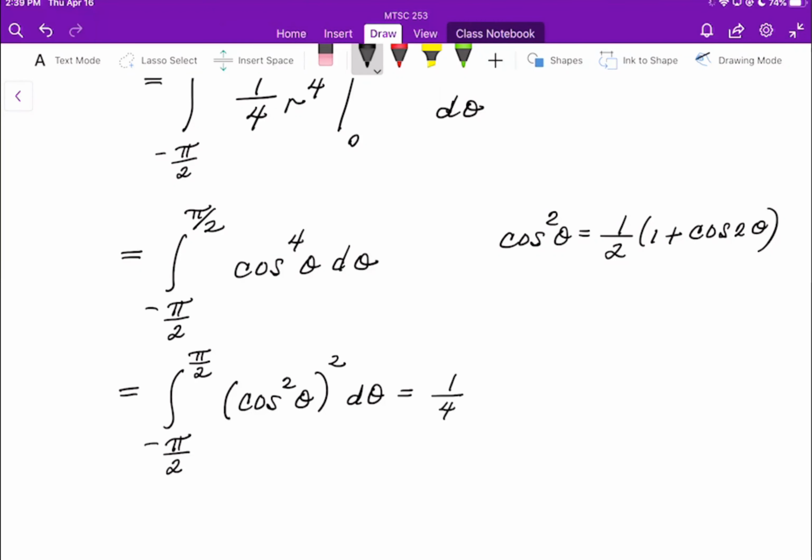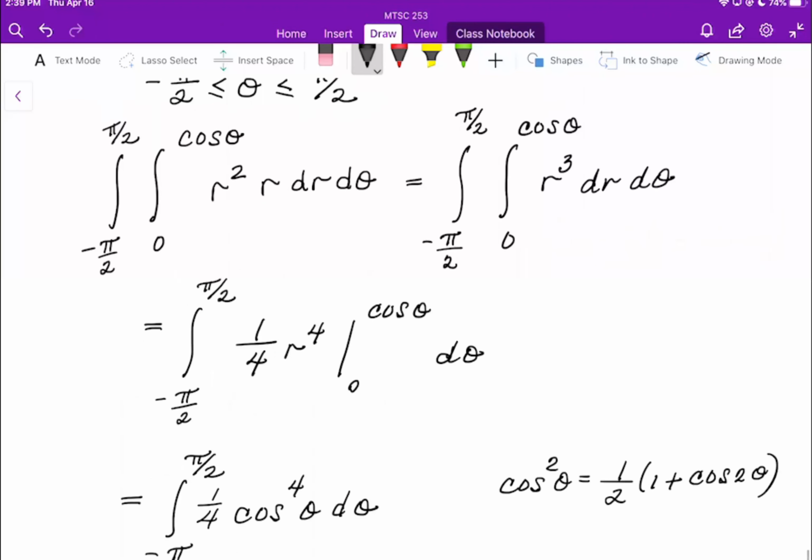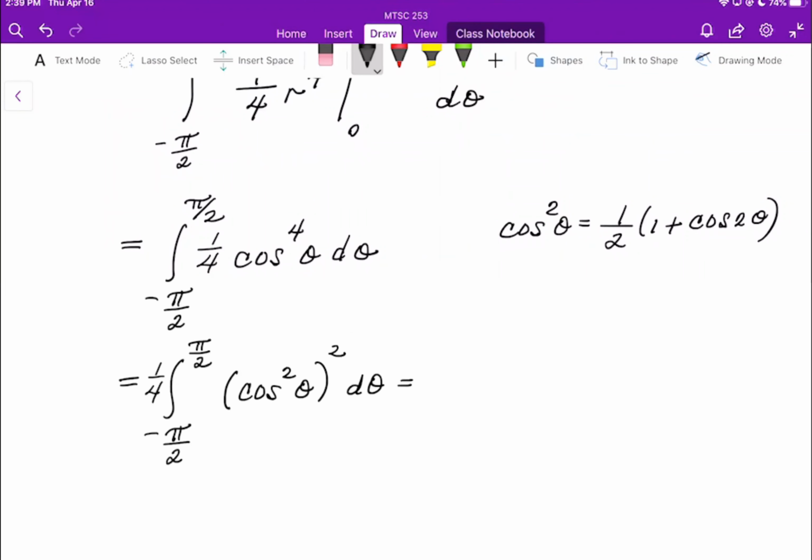Didn't I have a 1/4? So now I'm going to get 1/16, because I already had a 1/4. And then this gets squared, so that gives me a 1/4.